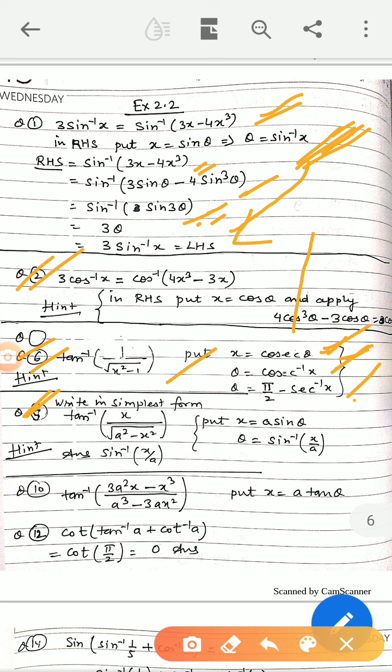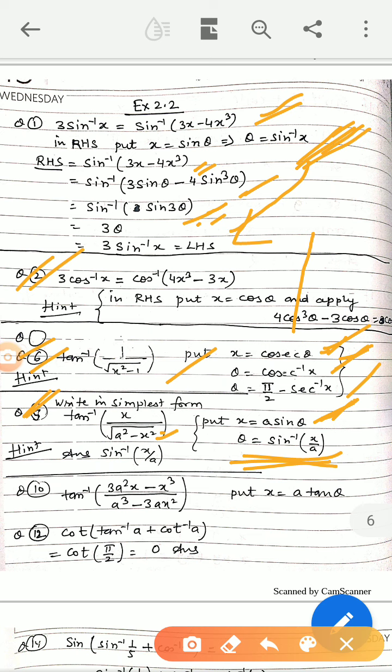Look here, question number 9. In the simplest form you have to write this, tan inverse of x upon root a square minus x square. You will put here x equal to a sin theta. If you put a sin theta, you get theta equal to sin inverse x by a. In place of x you put a sin theta, so you get a square minus a square sin square theta.